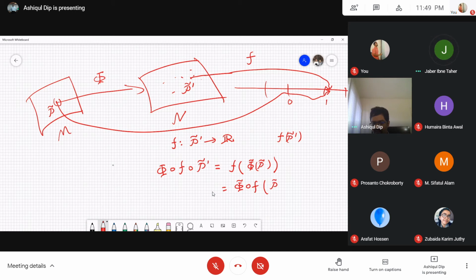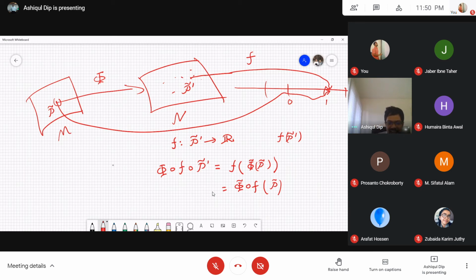Yes, I think so. This is the very definition of our pullback.